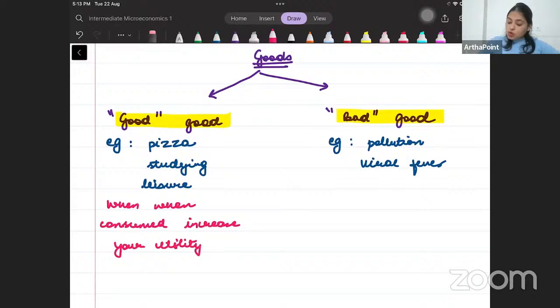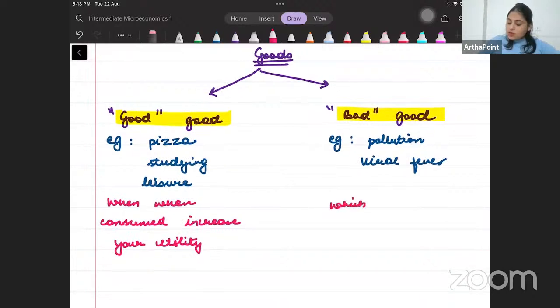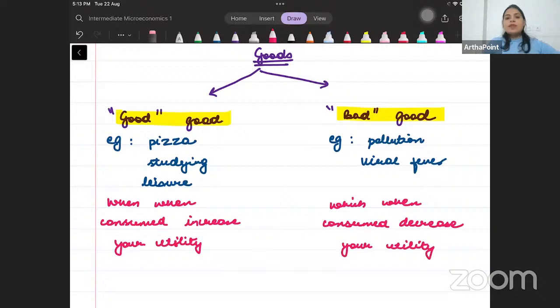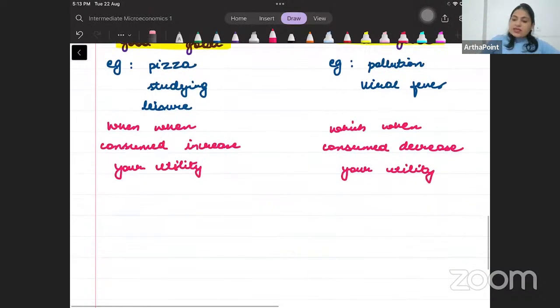And bad goods are those goods which, when consumed, decrease your utility. ठीक है जी, अब समझो एक और चीज हो सकती है.